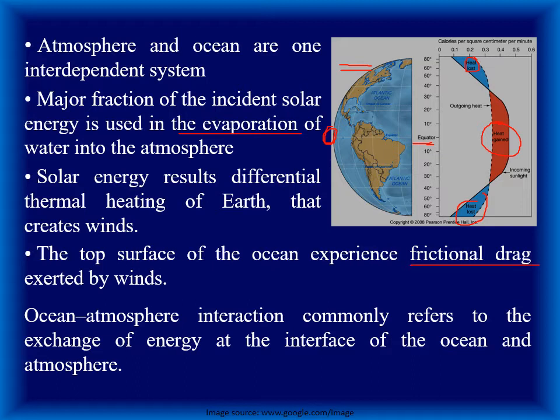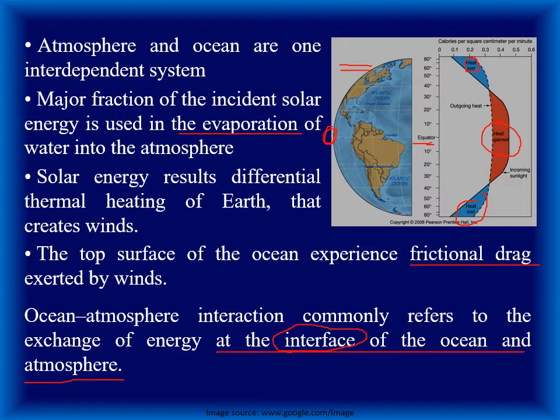So there is an exchange of energy at the interface of the ocean and atmosphere. The energy which was previously in the atmosphere is transferred to the oceanic body along the interface of ocean and atmosphere. And due to this transfer of energy from one medium to another, waves are generated in the oceanic body.